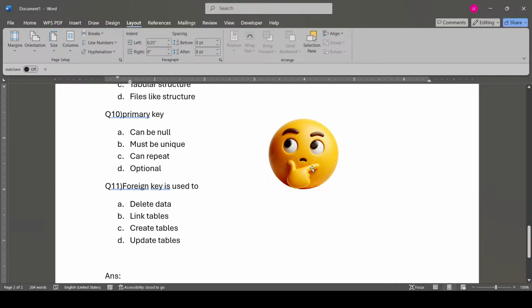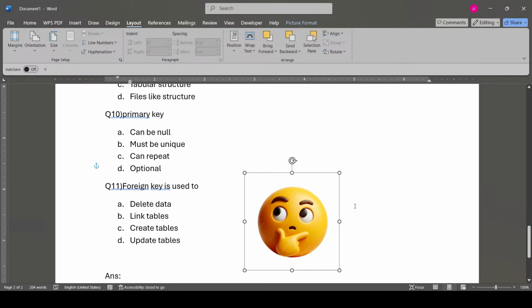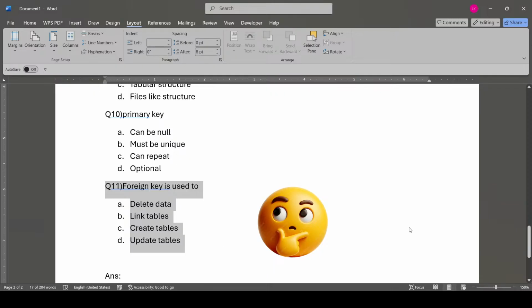Now which one is the answer for this one? Foreign key. Question number 11. Tell me which one is the right answer.